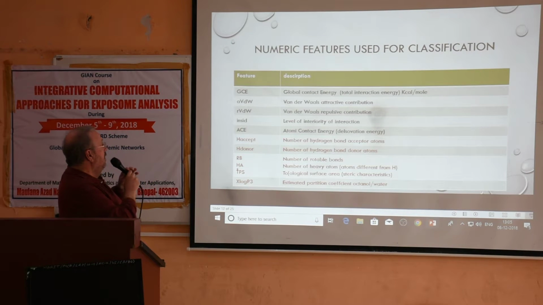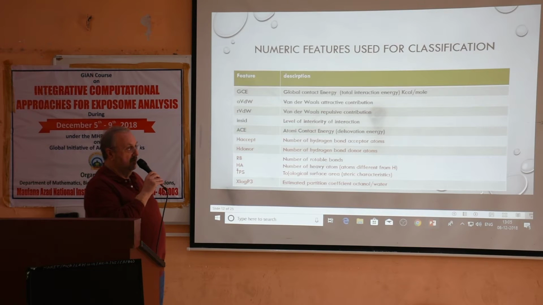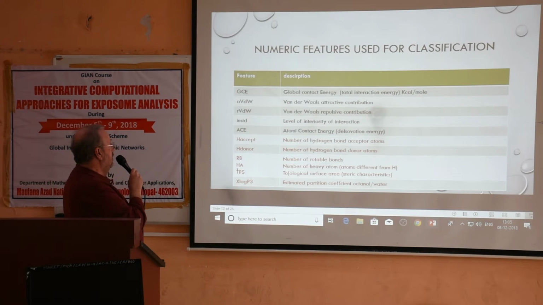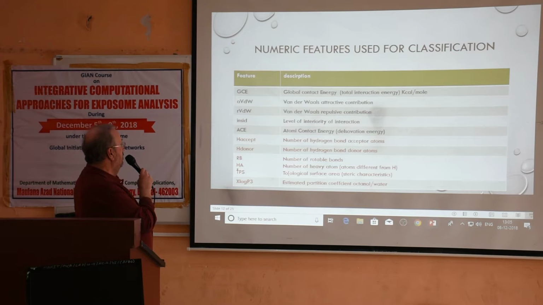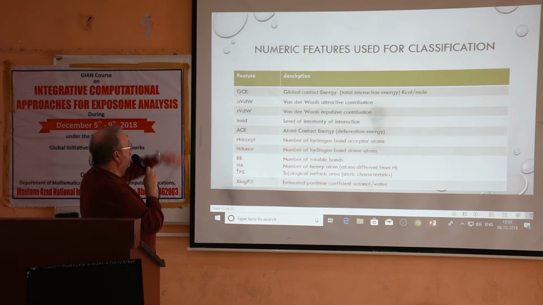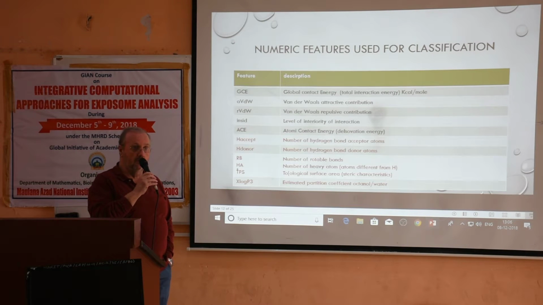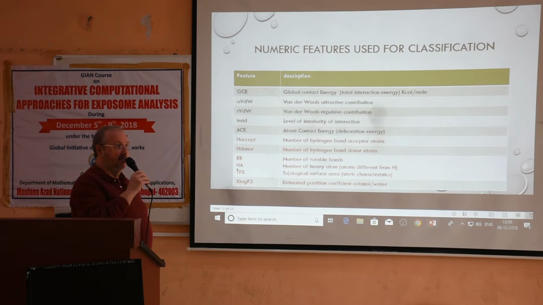You can see here the features that we have used for classification, and in which way we have extracted these features. The black features are obtained by docking algorithm, parameters estimated by docking.